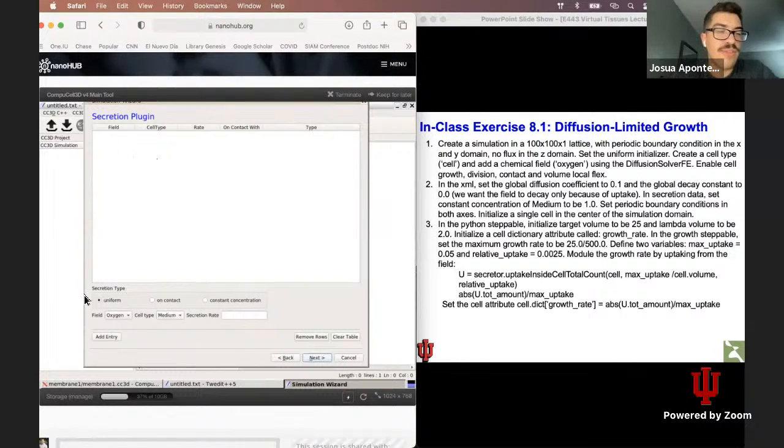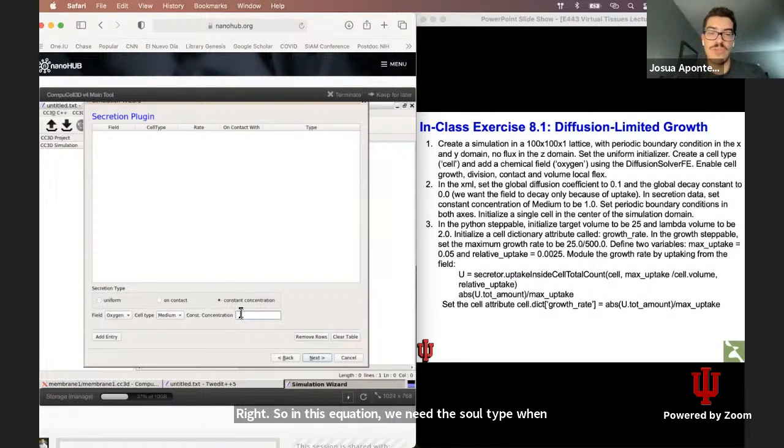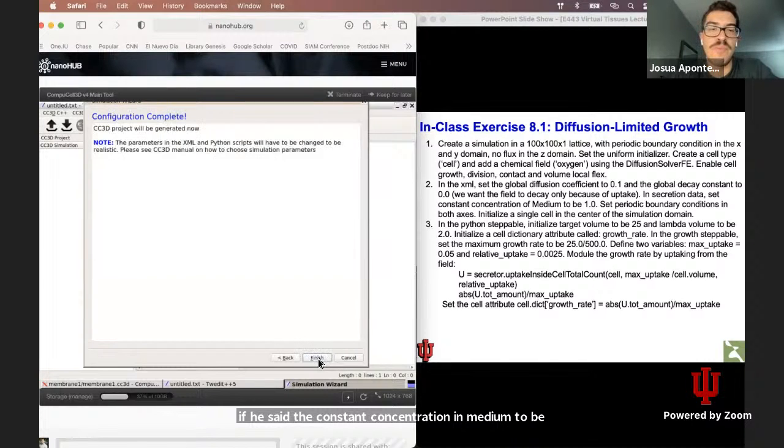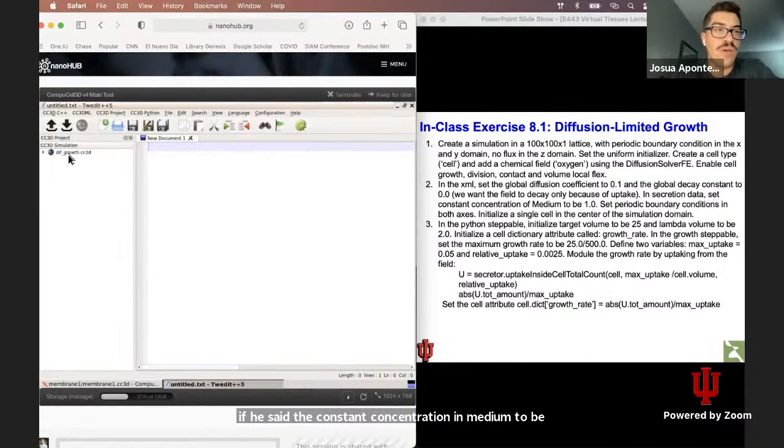Right. So in the secretion, we need the cell type, we need medium, and we need constant concentration to be 1. What this is going to do is set the constant concentration in medium to be 1, just as I showed before. Okay, finish the simulation.